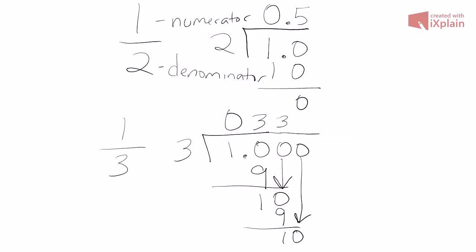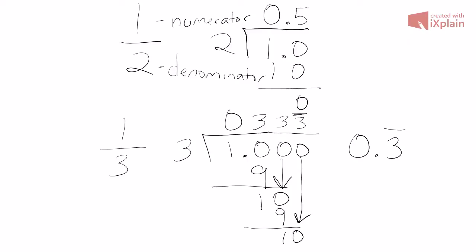And do you see what's happening here? We're getting a 3 every time. So that just means this is going to repeat. So we have a repeating 3, which means it goes on forever. So 0.333 forever. So the simplest way to write it would just be to do that.